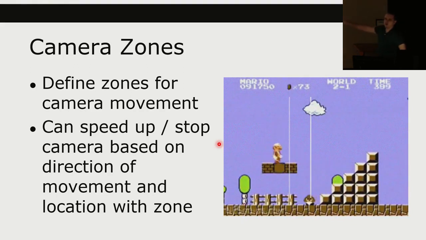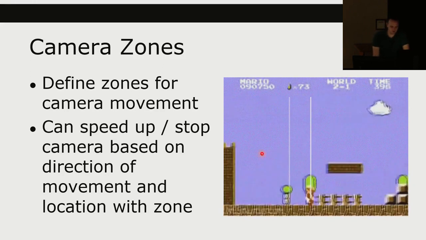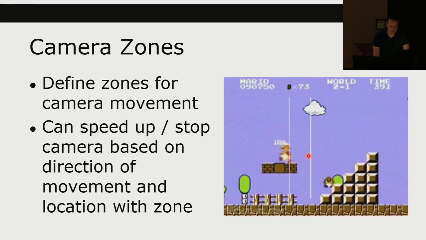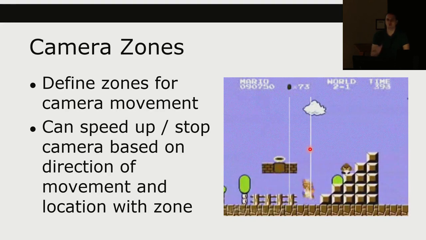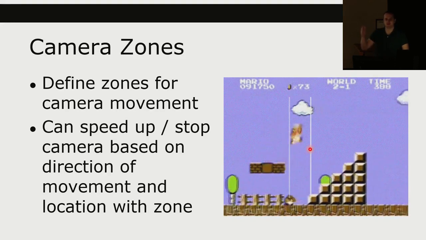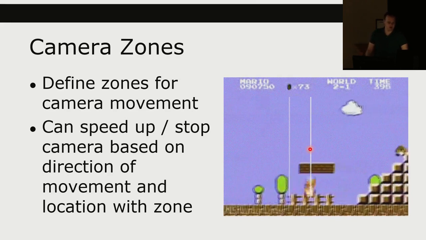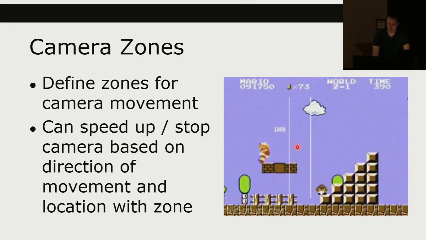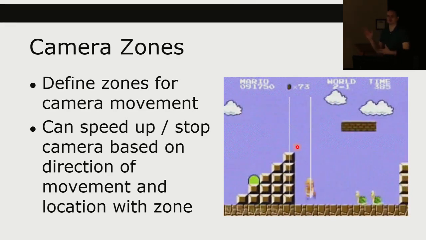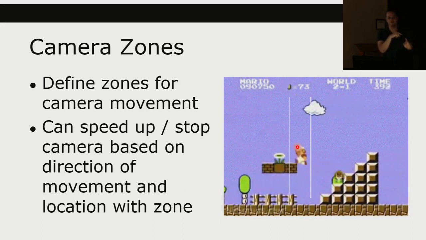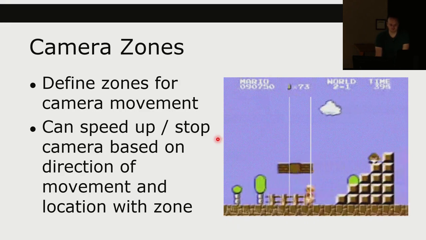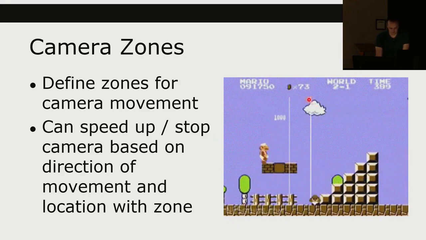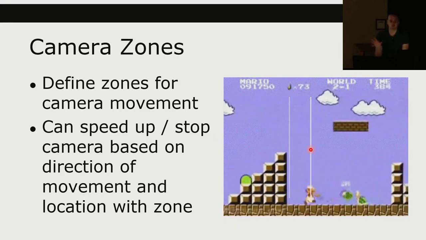Kind of like a box trap, this rightmost line is where, when Mario walks to the right and hits it, the camera updates. But in this particular game, Mario can't move back to the left. So when Mario moves to the left of the middle line, the camera doesn't move.